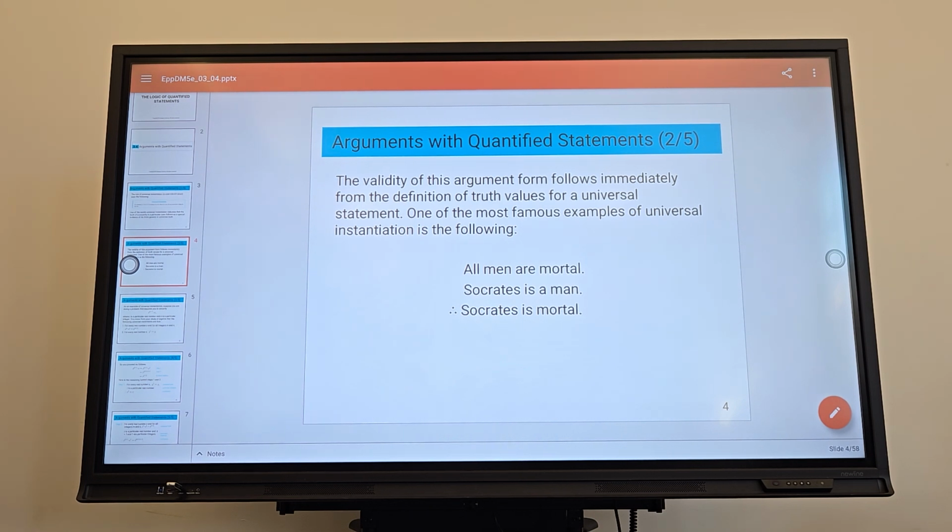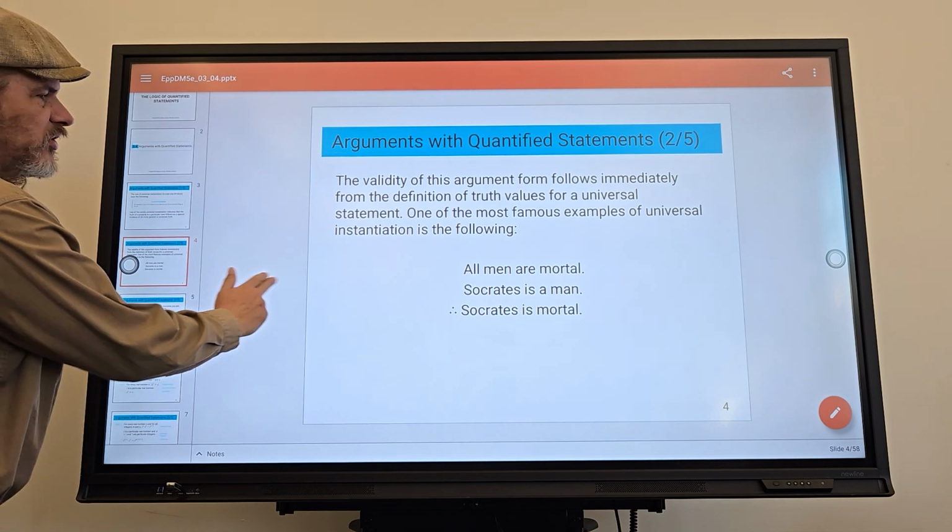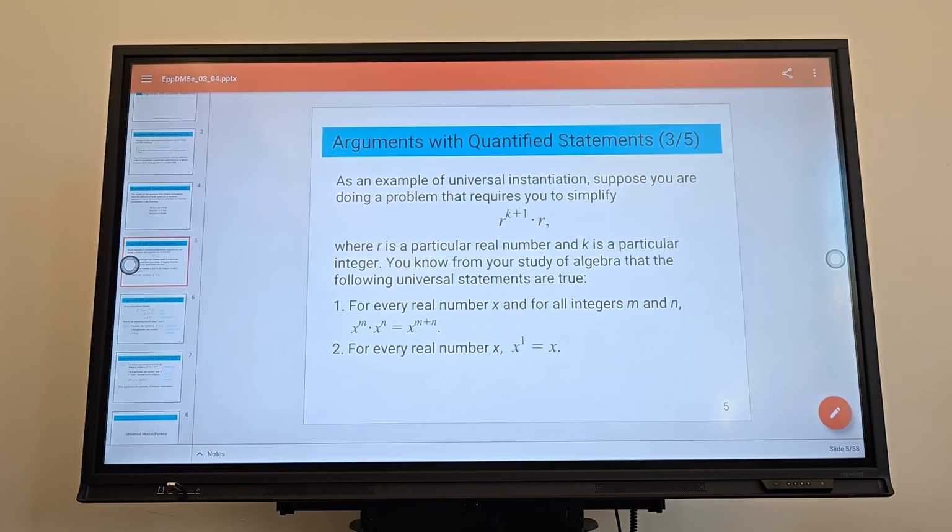One of the most famous examples of universal instantiation is the following. All men are mortal. Socrates is a man. Therefore, Socrates is mortal. So, using the same type of argument, suppose we have the problem that requires you to simplify x to the k plus 1 times r, where r is a particular real number and k is a particular integer.